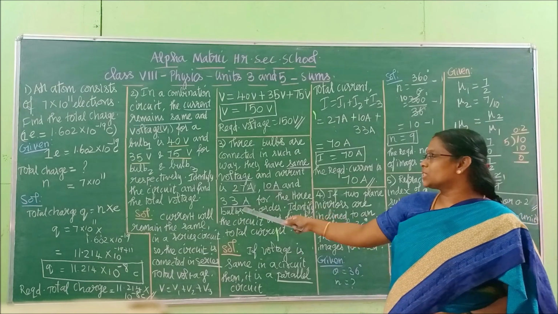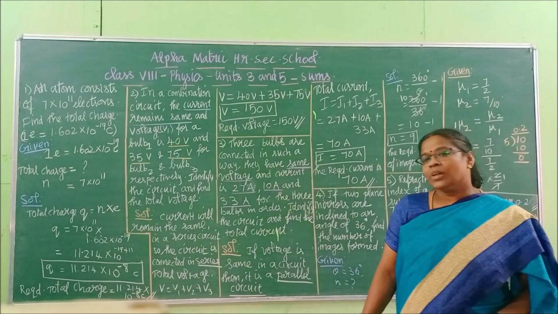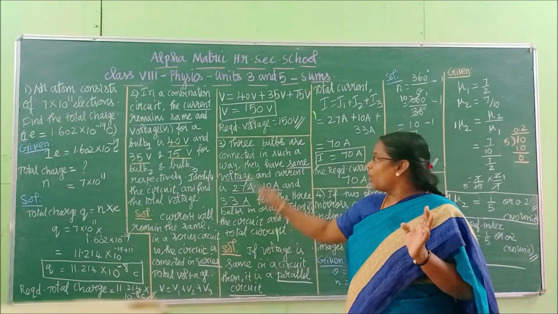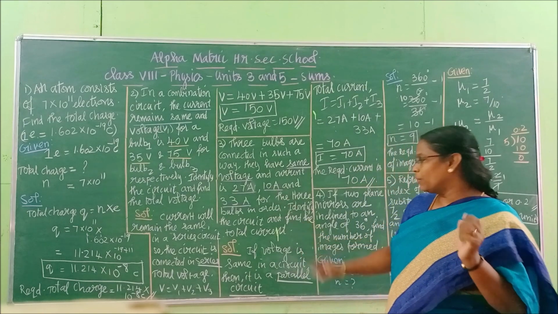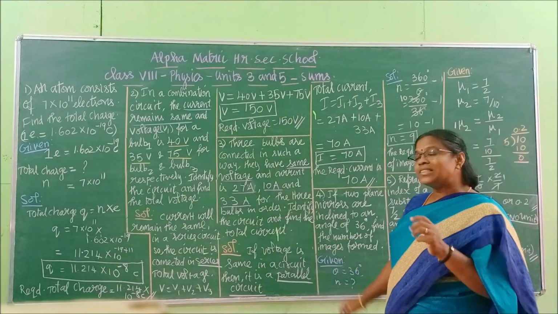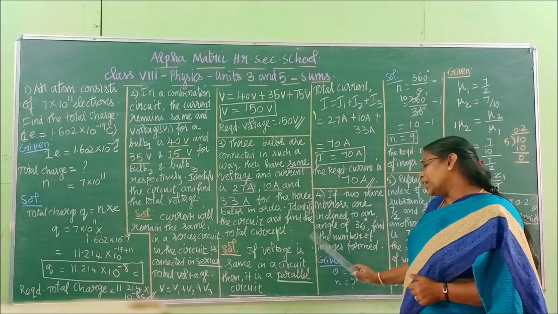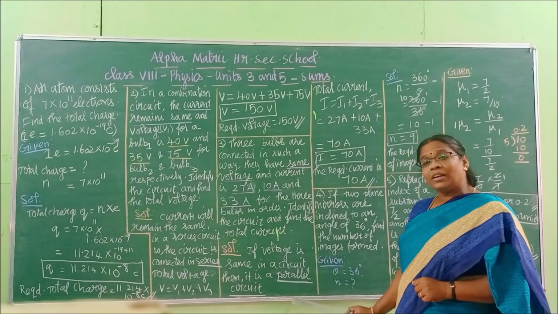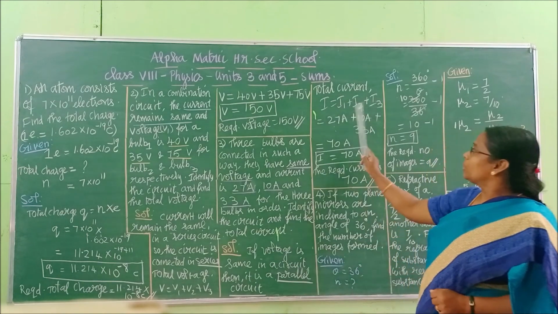These are the currents flowing through them and the same voltage passes through them. Right? So we have the same question here: identify the type of circuit, and we have to find the total current. In which type of circuit will the voltage remain the same? If the voltage is the same in a circuit, then what type of circuit is this? Parallel circuit.